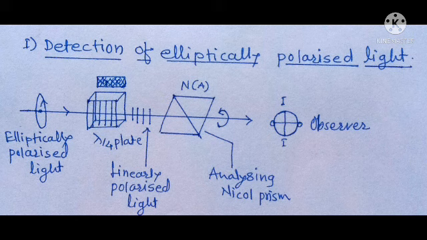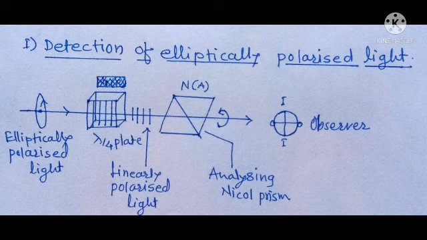Now observe this figure. If the light to be tested is elliptically polarized, then it has two mutually perpendicular components which differ in phase by 90 degrees.